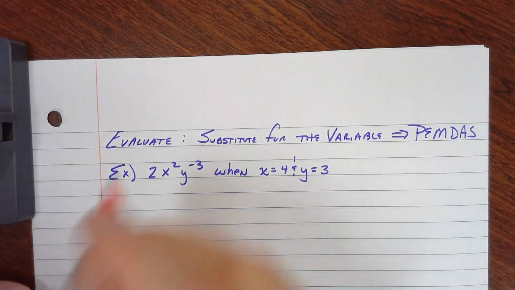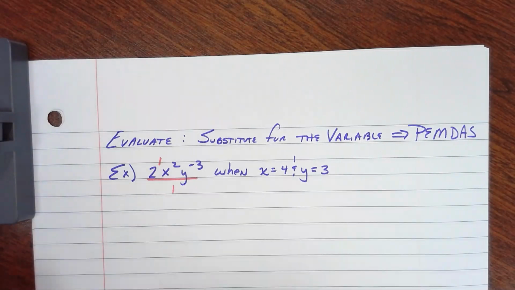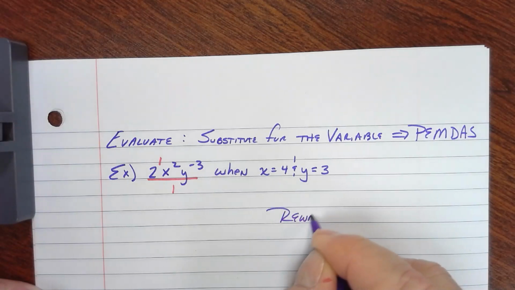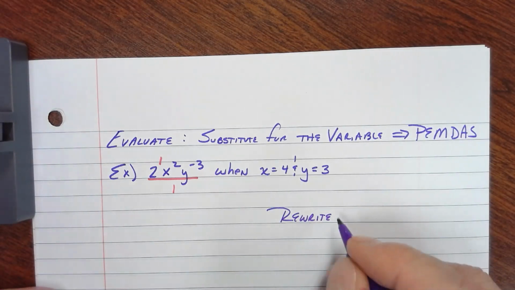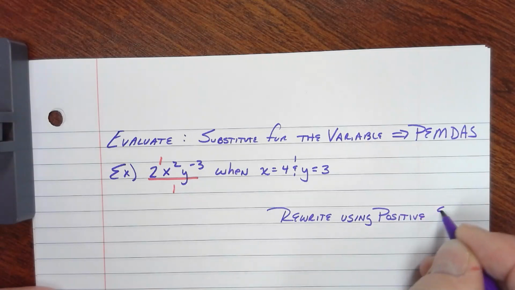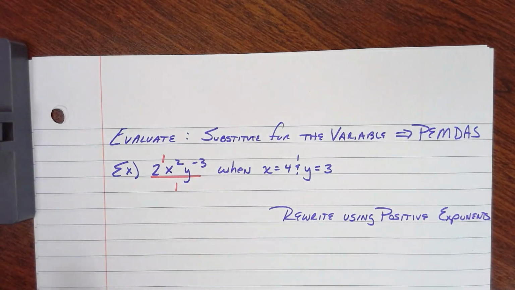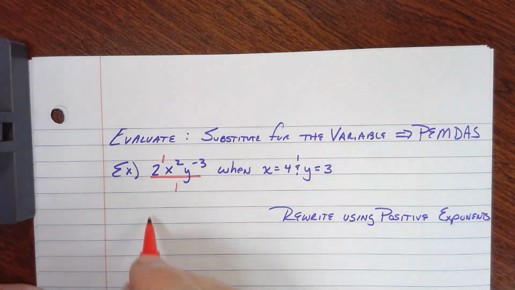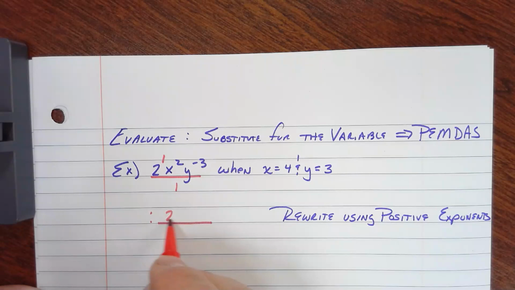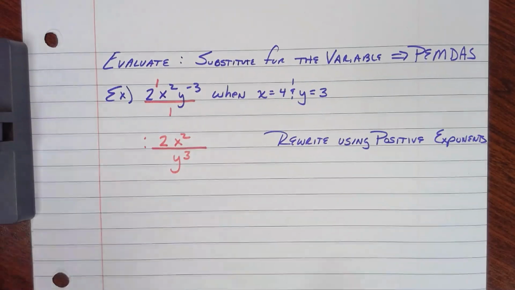Before I do anything, I'm going to put in that 1, and I'm going to put a denominator here, and I am going to rewrite using positive exponents, which means the 2 is going to stay in the numerator, the x squared is going to stay in the numerator, and the y is going to move across the fraction bar and become positive.